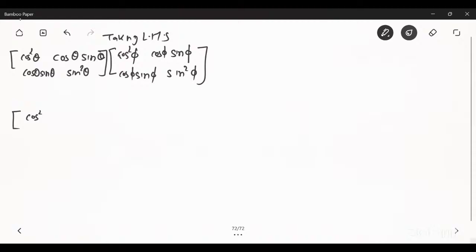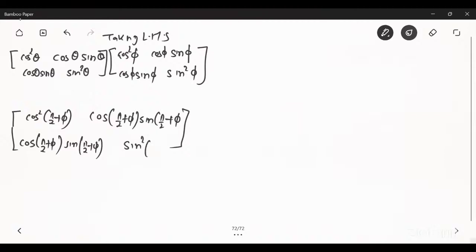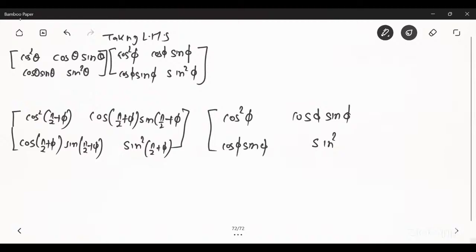So cos square (pi by 2 plus phi), cos (pi by 2 plus phi) sin (pi by 2 plus phi), and sin square (pi by 2 plus phi), and here cos square phi, cos phi sin phi, sin square phi.